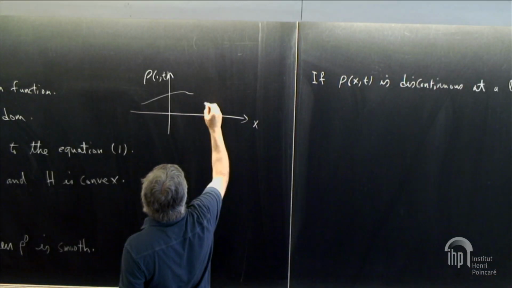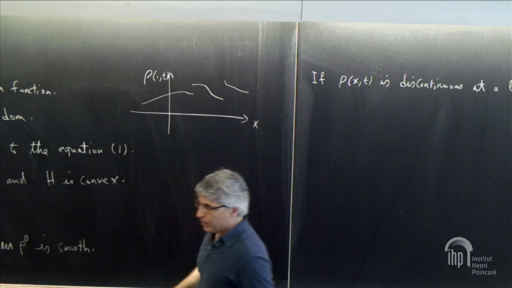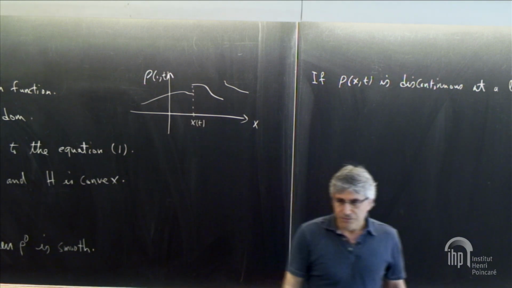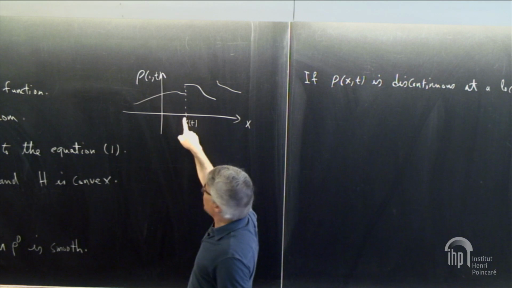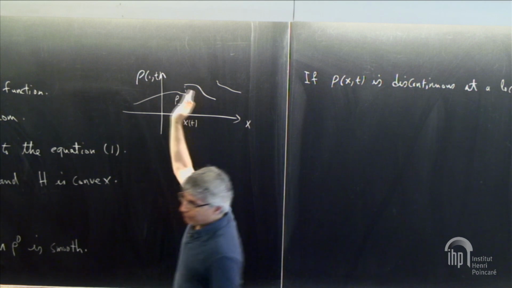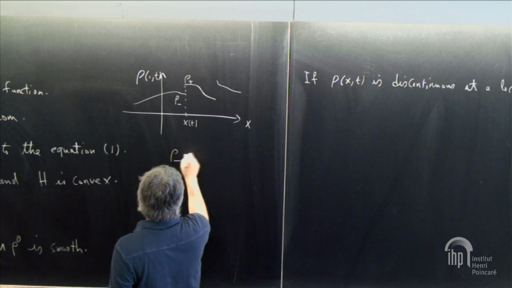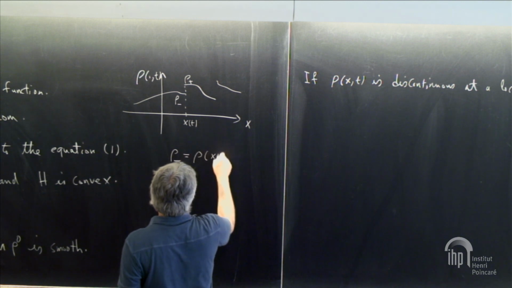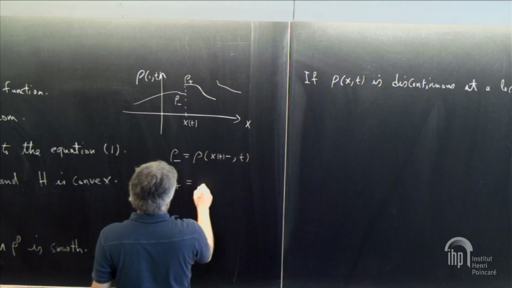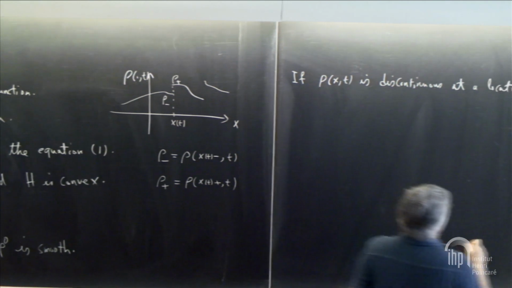So you have some profile, some solution that looks like this. If you look at one of the discontinuities, with time, this location is going to change. And let's write rho minus for the value on the left and rho plus for the value on the right. In other words, rho minus is really rho evaluated at x(t) from the left at time t, and rho plus is rho(x(t)+, t).